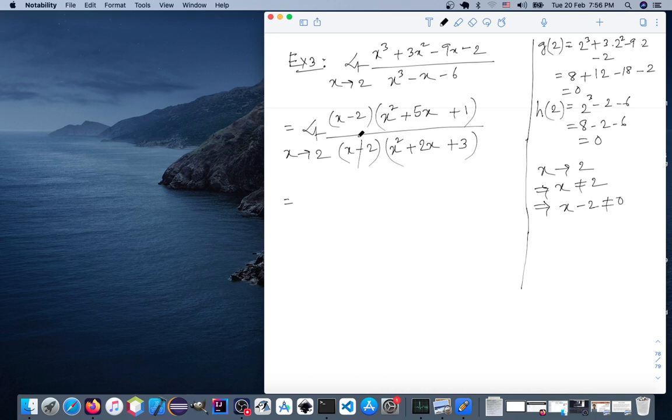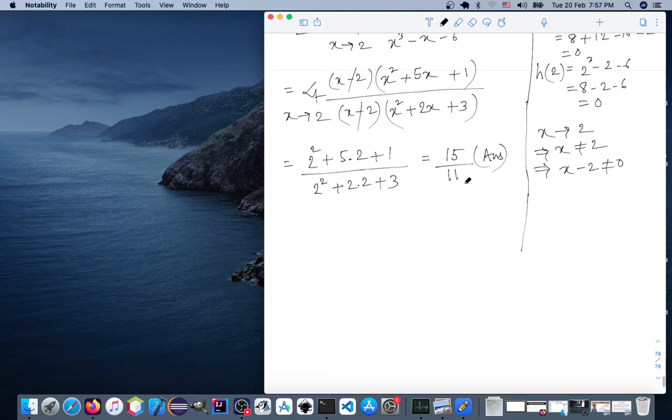So we can cancel this factor and then substitute the value of x as 2 in the remaining term, and we get the limiting value as 4 plus 10 plus 1, 15, by 4 plus 8 minus 1, 11. 15 by 11 is the answer.